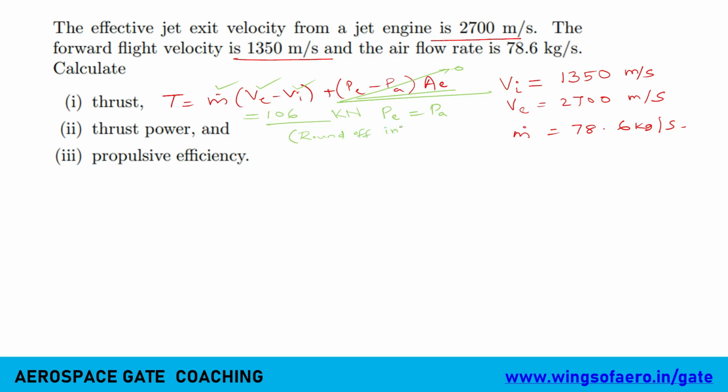Yes, ma'am. 106 kilonewton. So when I say round off to integers, then don't put 0.11 or whatever decimal you are getting. You must avoid it. So please understand where you are making it wrong.